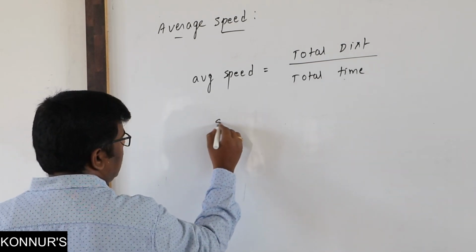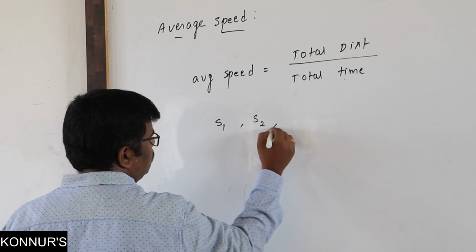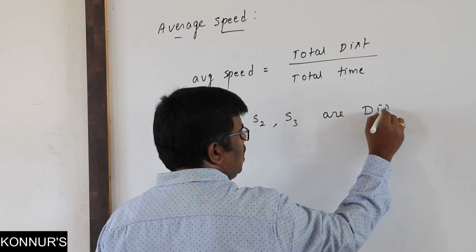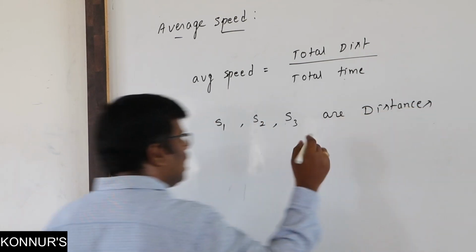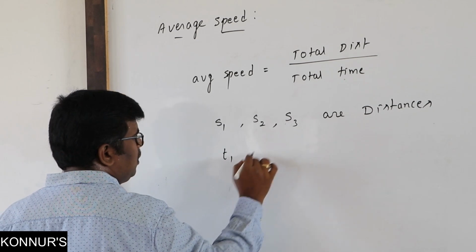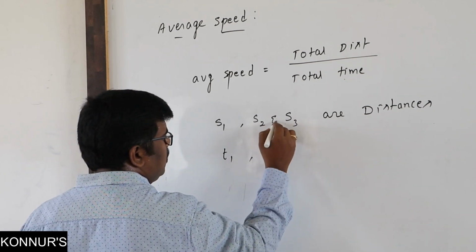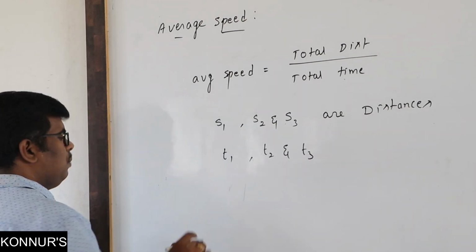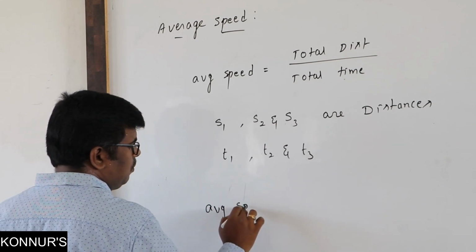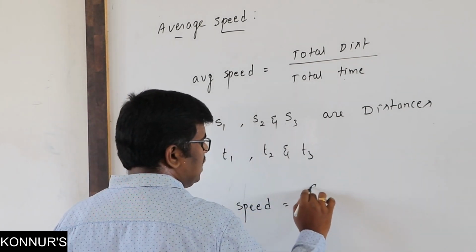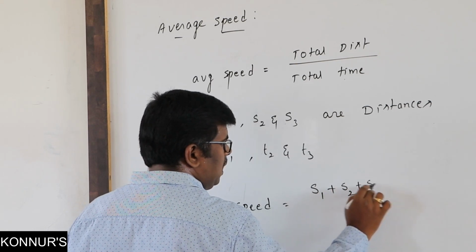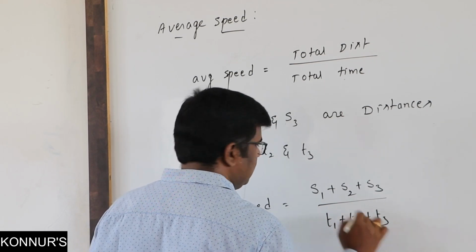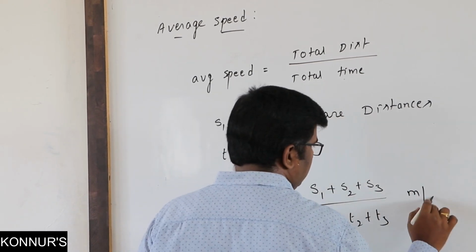If S1, S2, S3 are the distances covered in time T1, time T2 and time T3, then average speed equals total distance, S1 plus S2 plus S3, divided by the total time interval, T1 plus T2 plus T3, and its unit is meters per second.